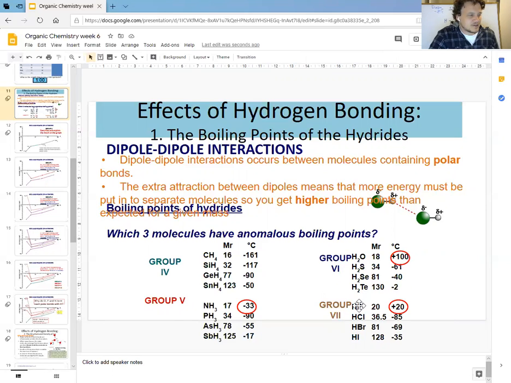If we look at HF, molecular weight is 20. It doesn't quite match, does it? NH3, molecular weight of 17. These all exhibit hydrogen bonds, and that is why they are the anomaly in that group.